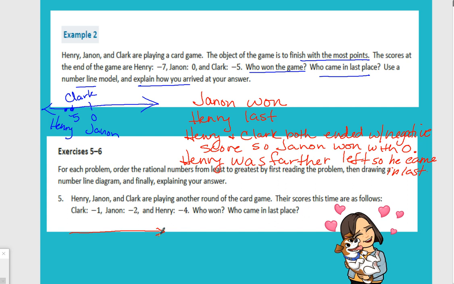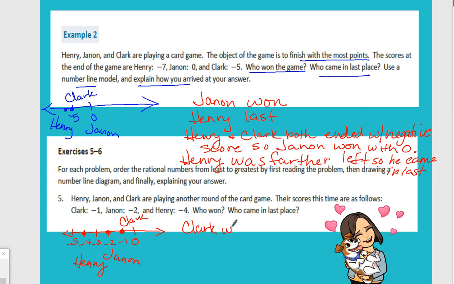So let's go ahead. And we're going to start again with 0 here. 1, 2, 3, 4, 5. And these are all negatives. All right. And Clark was at -1. Janin was at -2. And Henry, -4. That poor Henry, right? So who won?